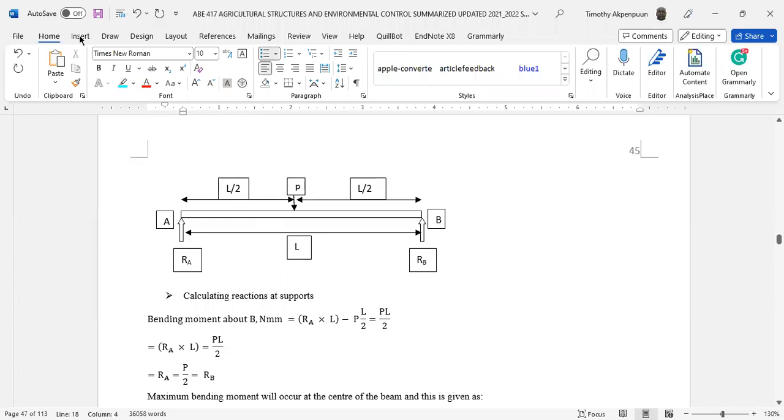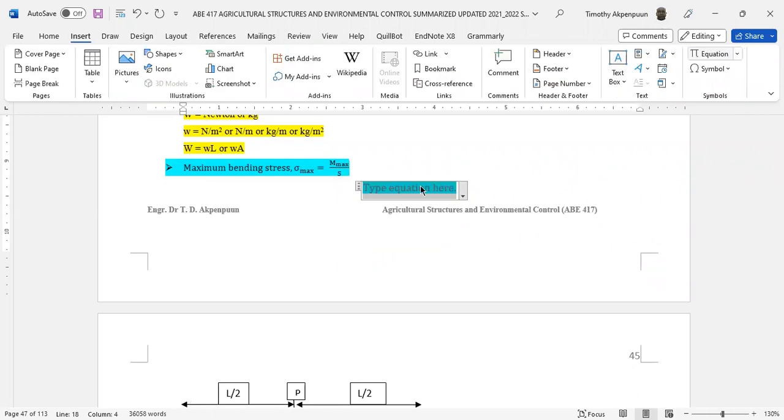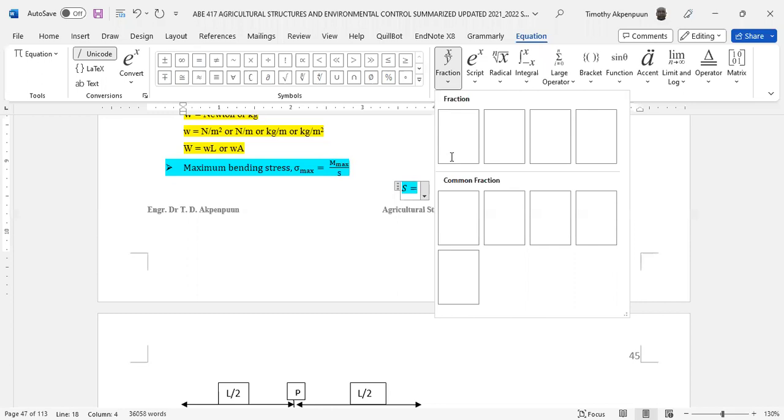What's the meaning of S? S is section modulus now. S is section modulus.